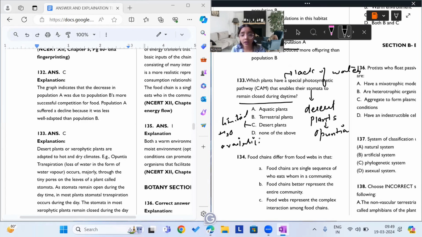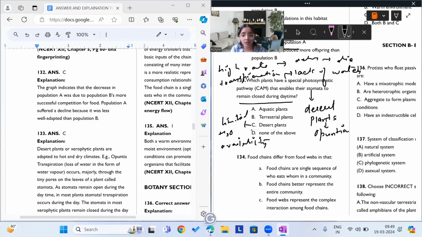If their stomata opened during daytime, at high temperature, there will be a high rate of transpiration, and all the water will get evaporated, and the plants will get dehydrated and die.